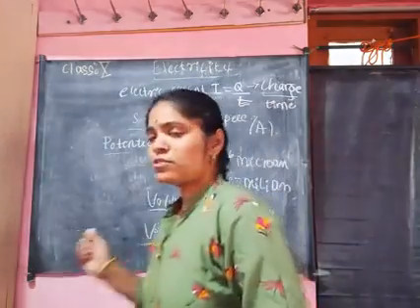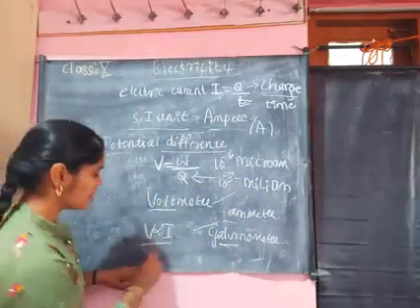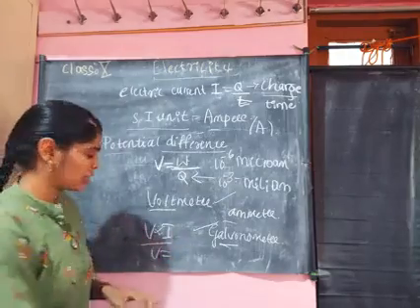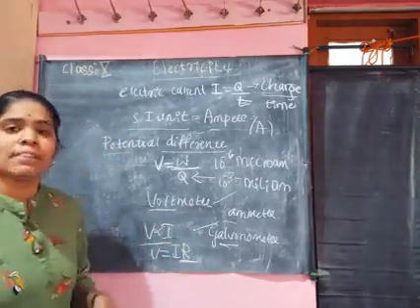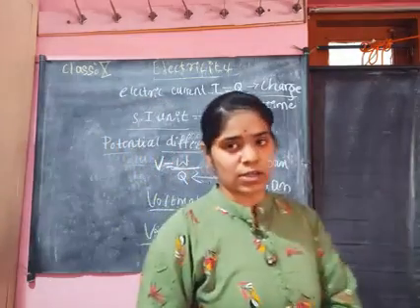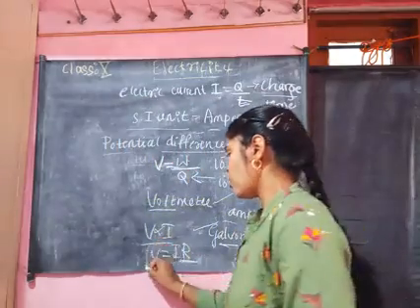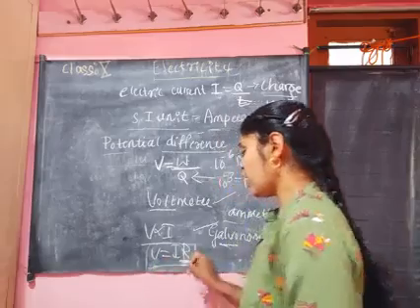To remove this proportionality sign, we add the proportionality constant. That constant is R, which is the resistor or the resistance. So the formula for Ohm's law is V equals IR.